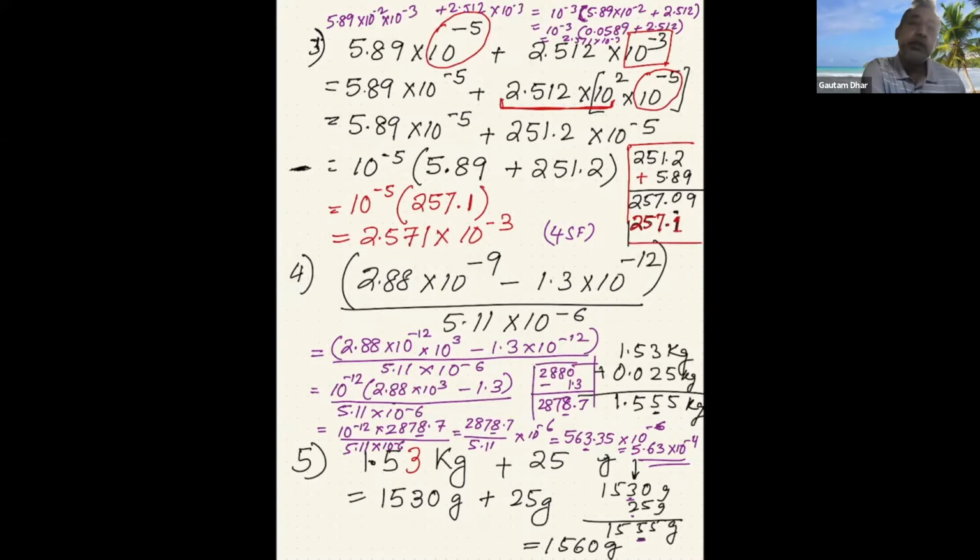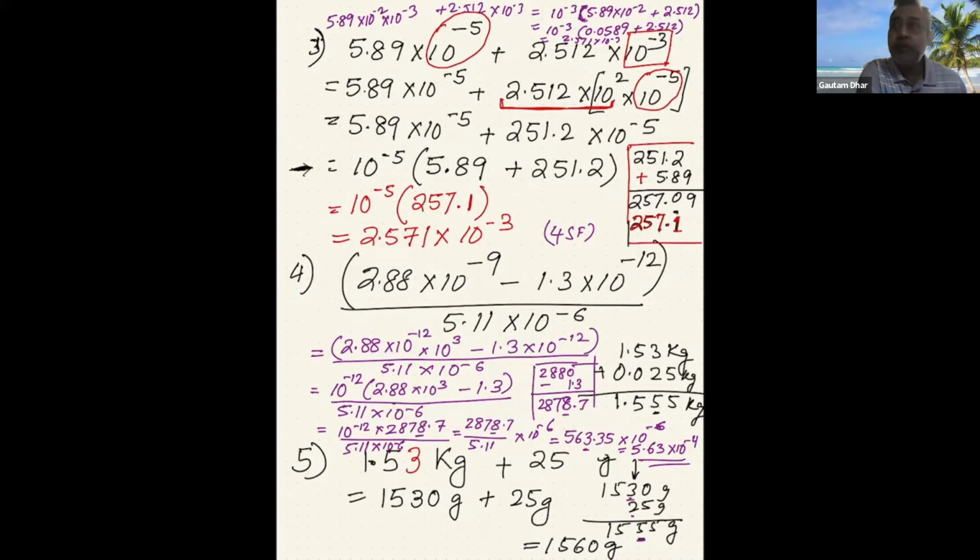I can take it out and then add things in the parentheses just like a regular addition. So I chose to convert everything to 10 to the minus 5. You can choose otherwise, no problem.